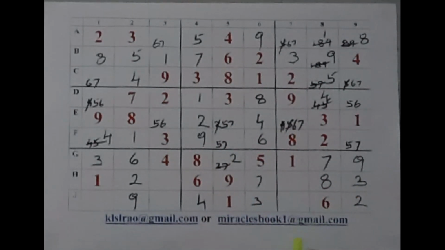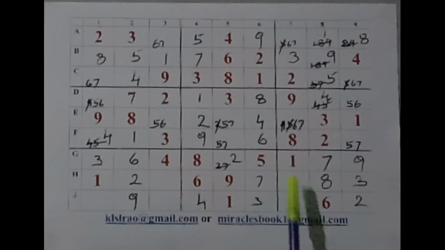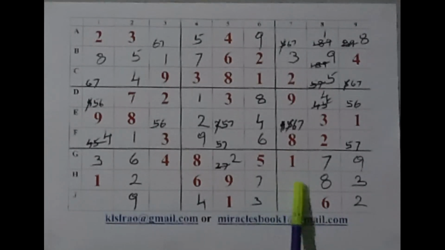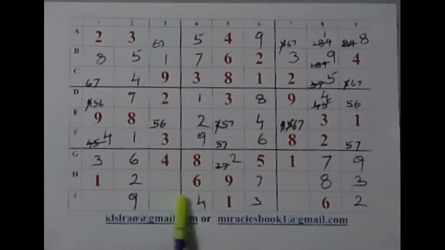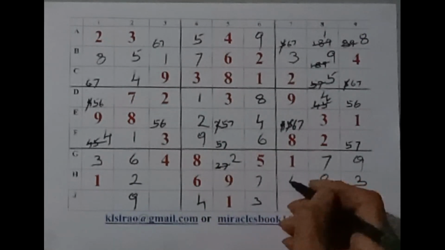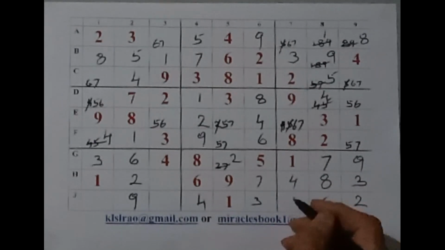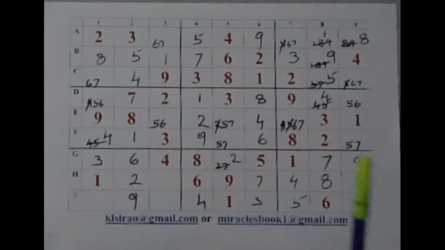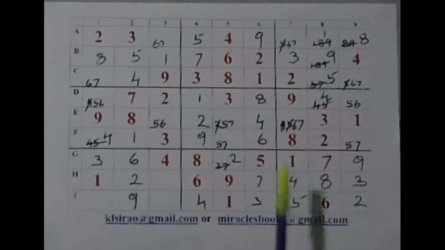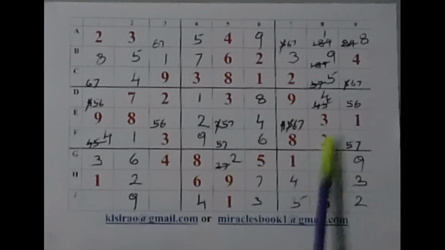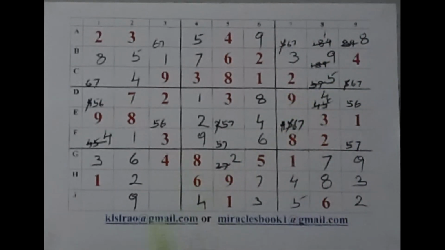And 7 there. We were looking for 4 and 5 here. We got this 4 here now. We can write our 4 there and 5 here. This 5, okay, still that pair remains there. That trio remains there. Let it be there now.